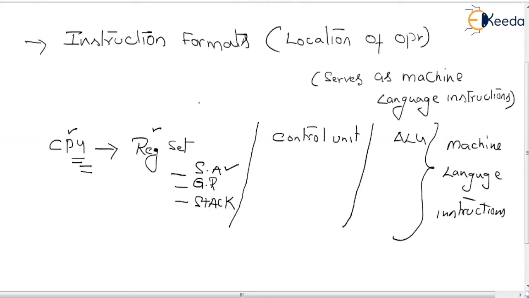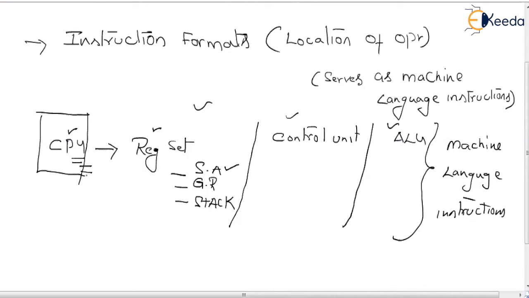First, we design all these entities. After designing all these entities, we should define our machine language instructions, and then we will embed them in the CPU. Then the CPU will become a complete CPU.